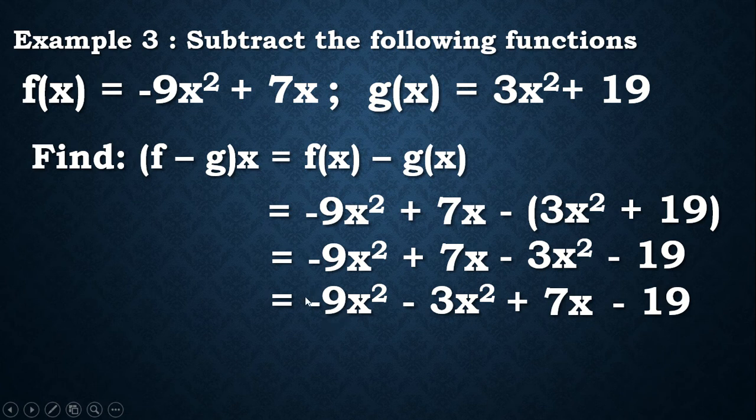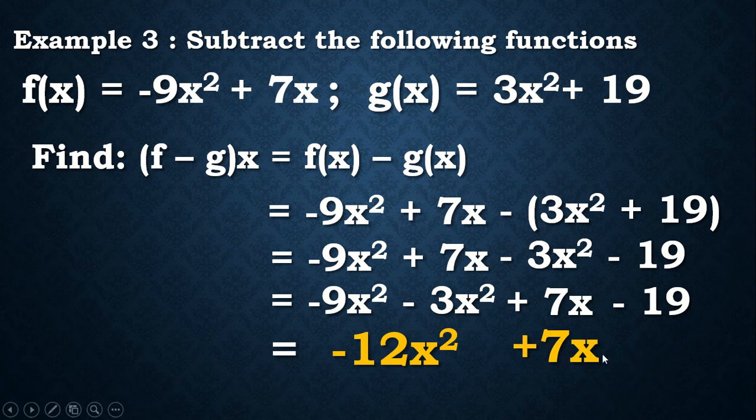If you are going to add negative numbers to another negative number, you simply add the numbers, 9 plus 3, which is 12, and the sign will be negative. So negative 9x squared plus negative 3x squared is negative 12x squared. Bring down positive 7x and negative 19. Our answer for example number 3 is negative 12x squared plus 7x minus 19.